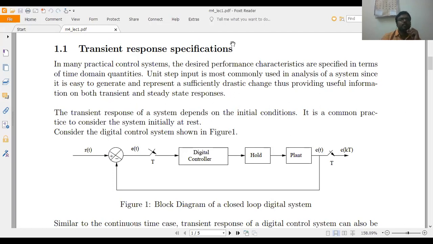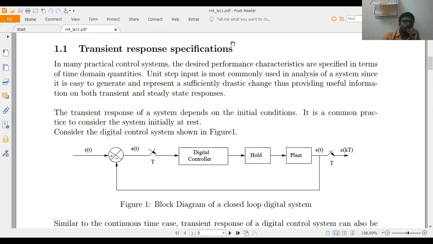Once again, in any control system, considering practical matters, the performance characteristics are analyzed in time domain quantities. Basically, a unit step input is taken. Why?